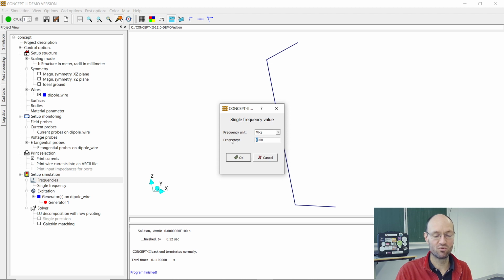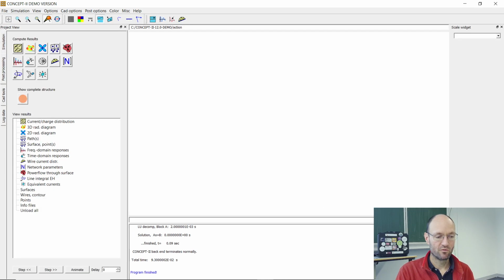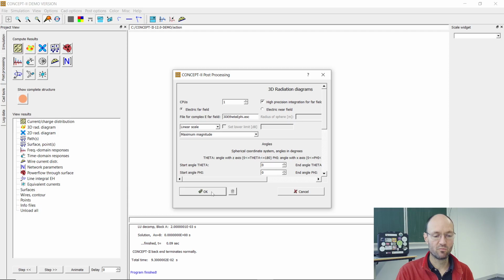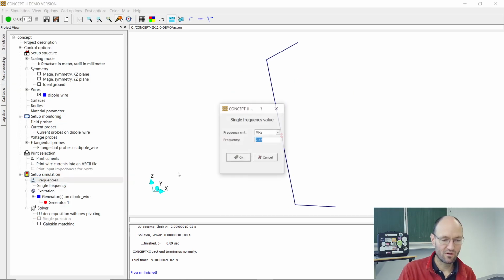Maybe if we go to 2.4, which would be Wi-Fi or Bluetooth. So if we go for higher frequencies, smaller wavelengths, something is wrong now. I think I forgot to set giga.